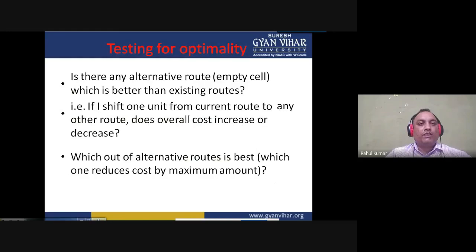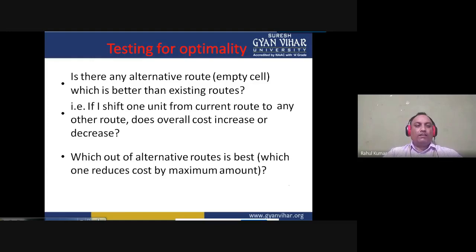This problem is related to the testing of optimality. Optimality conditions mean if there is any alternative route, an empty cell which is better than the existing route, right?